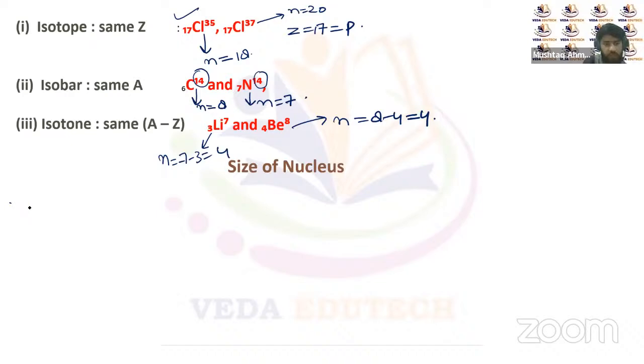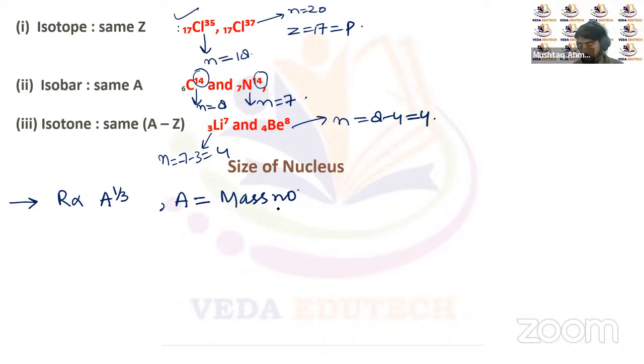Now this radius of the nucleus is directly proportional to A to the power 1 by 3, where A is the mass number, right?